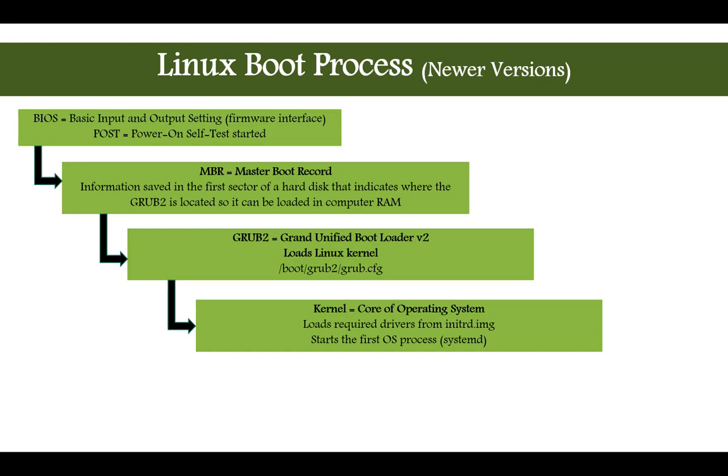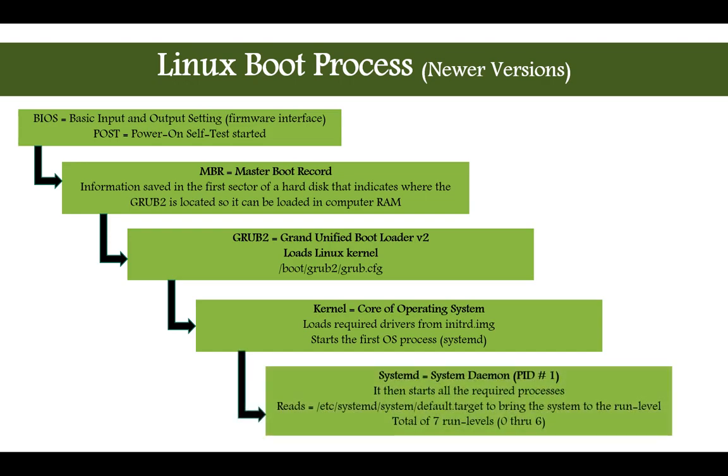In order to communicate, it has drivers that talk to the hardware. So it loads up all those drivers, and then it starts the very first operating system process, which is called systemd. As I said earlier, systemd is a new process introduced in the newer versions of Linux. The next step is the last step.